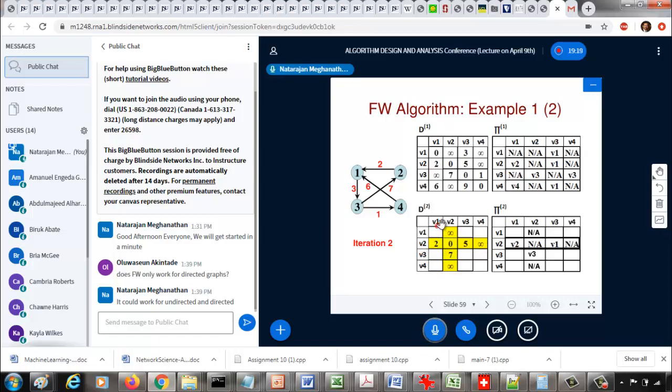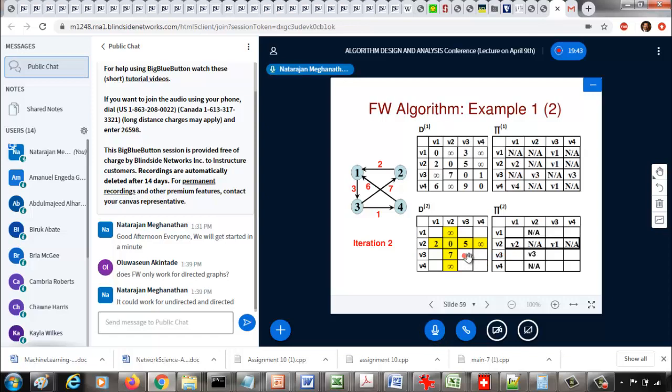We decided to go through V2 by making it 9. So that means we have to see what is the predecessor to reach from V3 to V1. The predecessor is going to be the same as the predecessor from V2 to V1. So that's going to be V2 in this cell. That's what we enter here, which is V2.